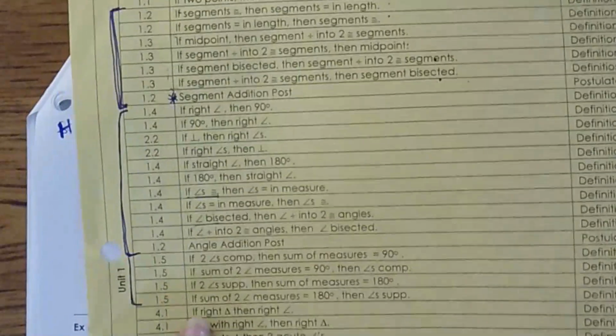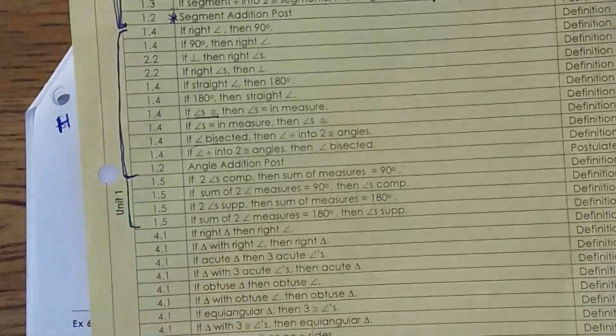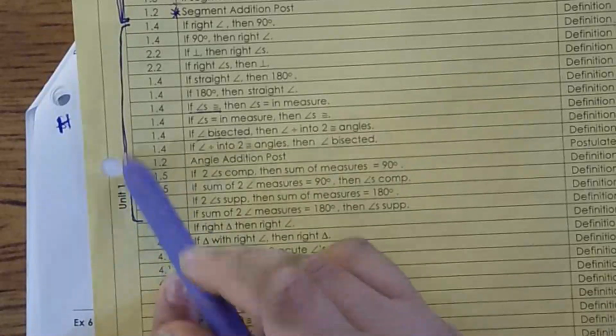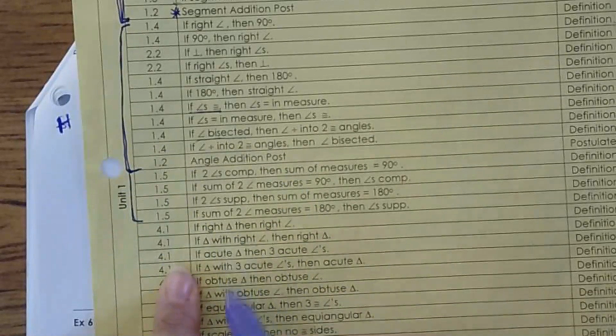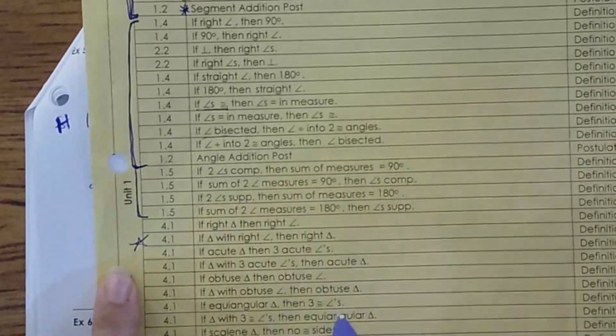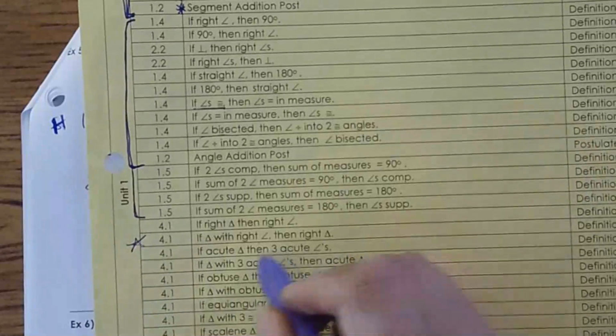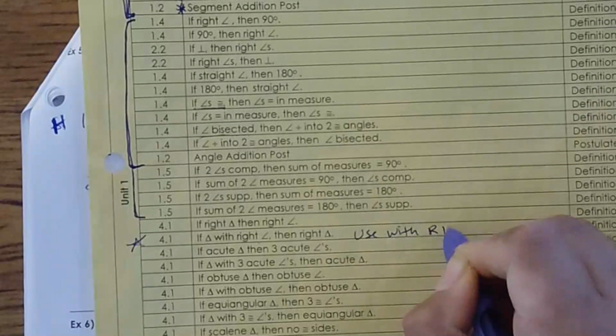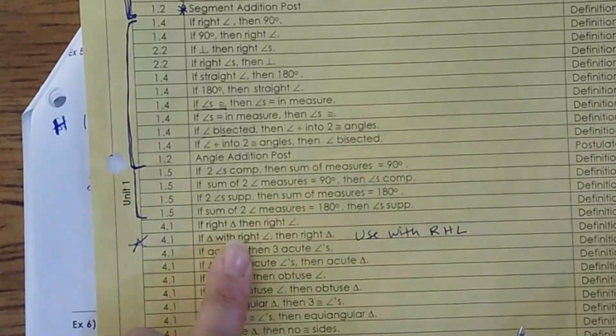Well, there's a reason. It's all the way on the front here, and we kind of often didn't use it. It is right below the part where we kind of already outlined Unit 1, but we stopped with all these triangle ones. This is the one, and you can kind of star it on your own if you'd like to, or just know that this is the one that we use with RHL. It says if triangle with right angle, then right triangle.